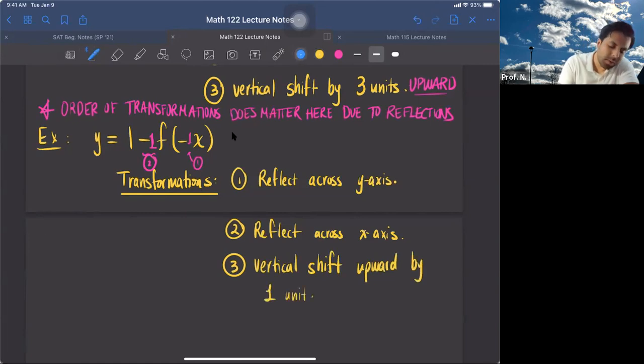So the key thing to note is that reflections are done before any shifts, whether that be vertical or horizontal shifts.